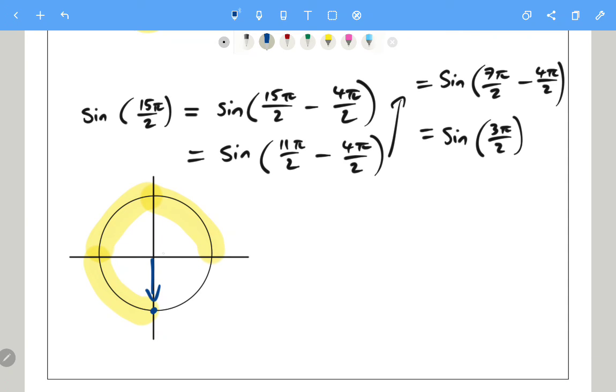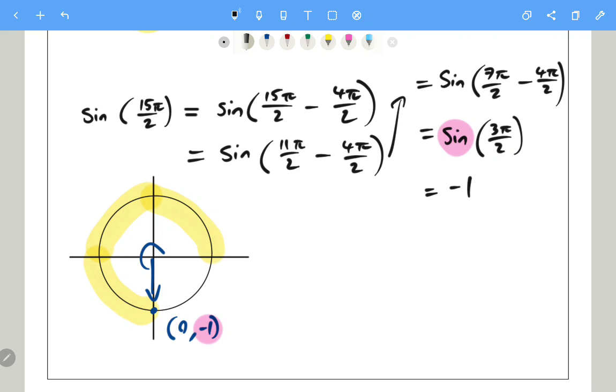But it doesn't actually matter how many times we've gone around the circle. We only care that we eventually end up out there. Now, this point here is 0, -1. And since we're interested in sine, sine is interested in the y-coordinate, and so we get -1.